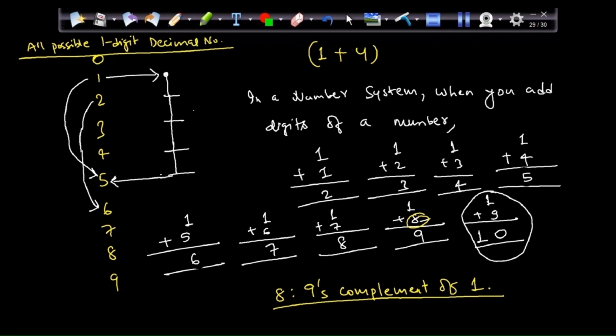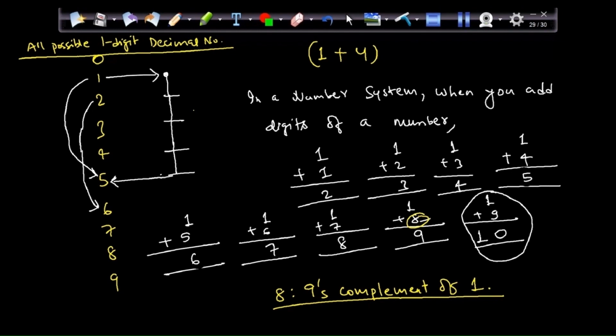It is so because when you add 8 to a number, you get the largest possible single digit number.